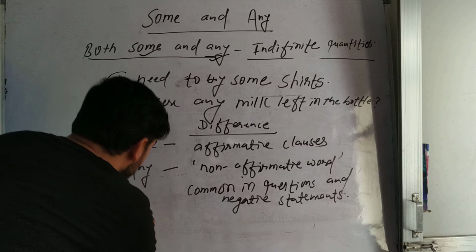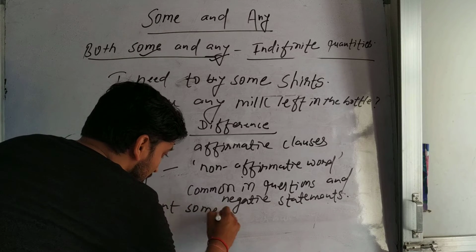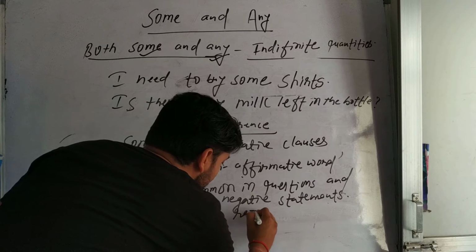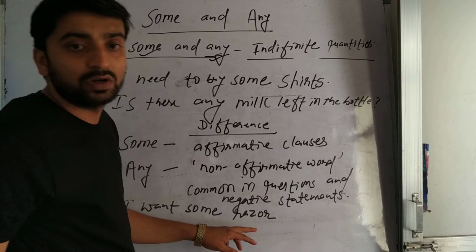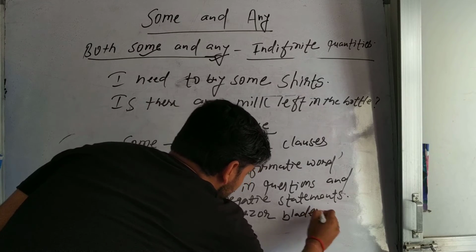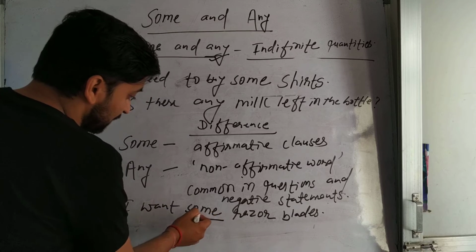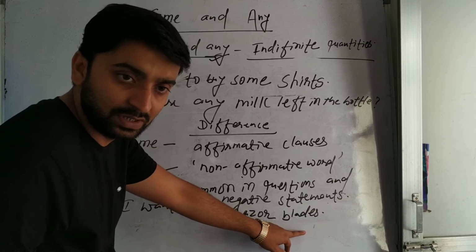You can see the example: I want some razor blades. Similarly, and it is about some in affirmative sentences. This you can see here.